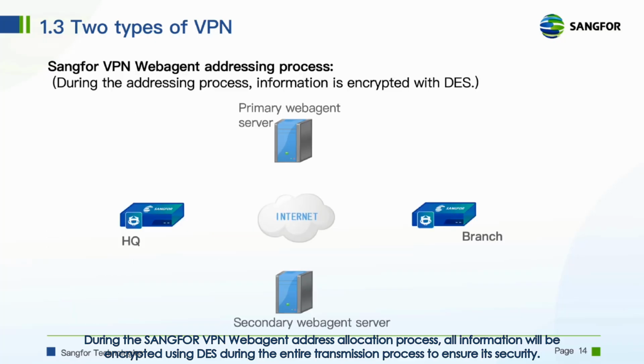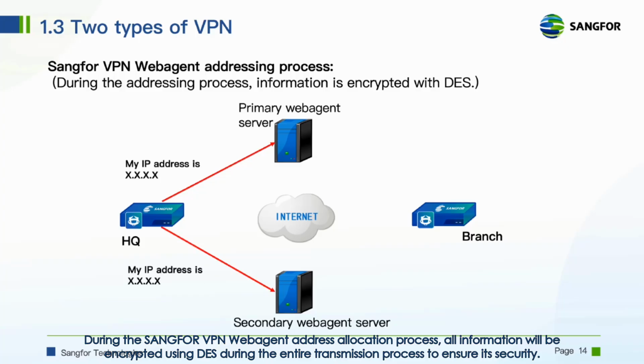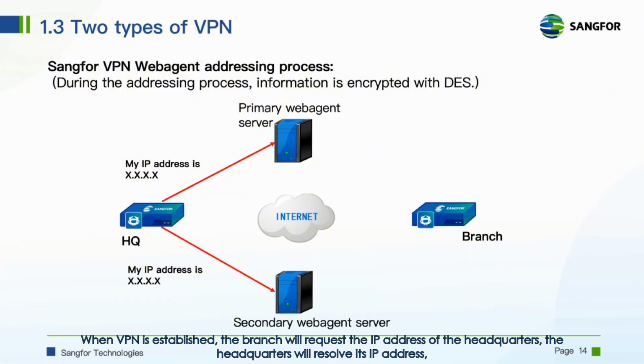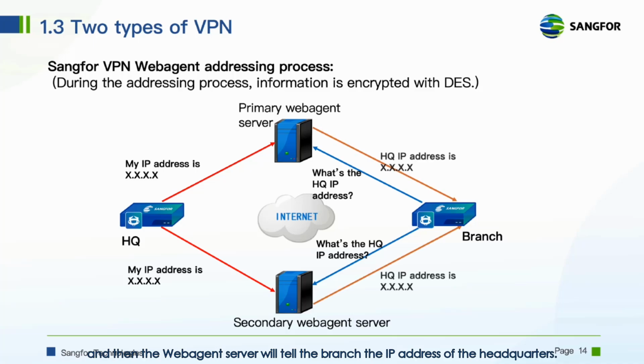During the Sangfor VPN WebAgent address allocation process, all information will be encrypted using DES during the entire transmission process to ensure its security. When VPN is established, the branch will request the IP address of the headquarters, the WebAgent will resolve its IP address, and then the WebAgent server will tell the branch the IP address of the headquarters.